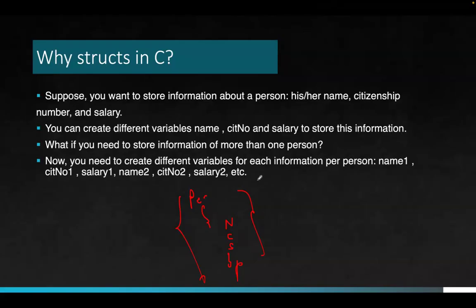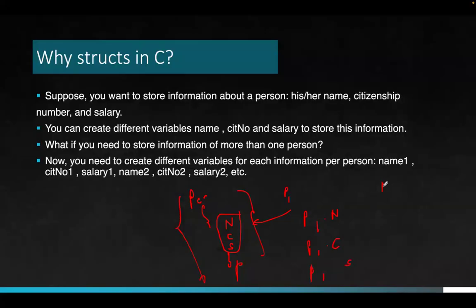So what will happen here is the first person, let's say P1, will have the corresponding name, citizenship, and salary directly linked to it. How will you access it? P1.N for name, P1.C for citizenship, P1.S for salary.